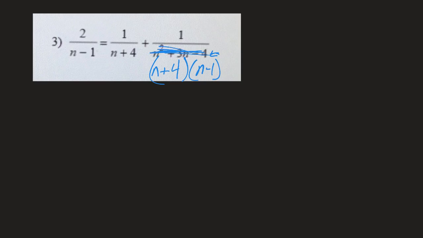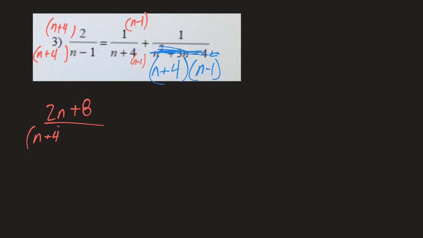And if I start getting common denominators, you'll notice I don't actually have to multiply very much. n plus 4, n minus 1. I can take n plus 4 over here, and on the top as well. And I can take n minus 1 to the top and bottom here. Okay, so I'm going to go ahead and distribute these out and see where we end up. So I've got 2n plus 8, and I'm leaving the bottom alone just to make sure that it's the same. n minus 1.